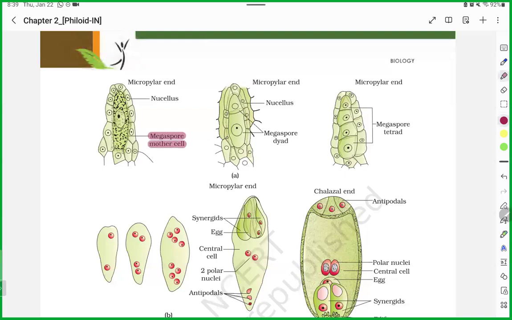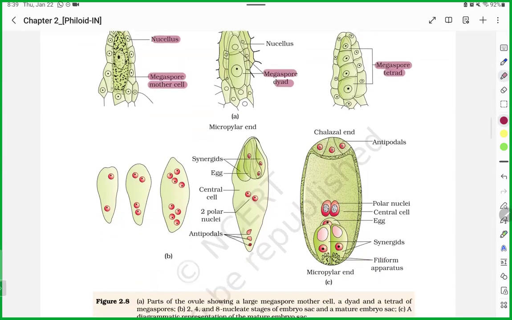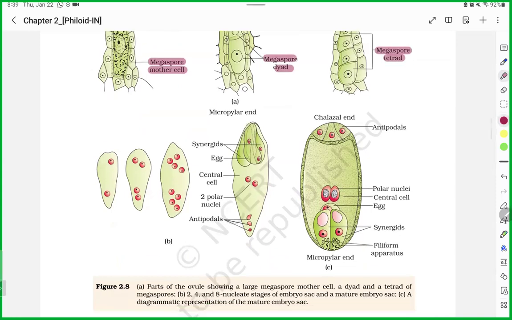Megaspore mother cell is important; it is in the nucellus outer cell at the micropylar end. Then the megaspore diad, two cells, same micropylar end. The megaspore tetrad has four cells. Out of four, three degenerate and one develops.